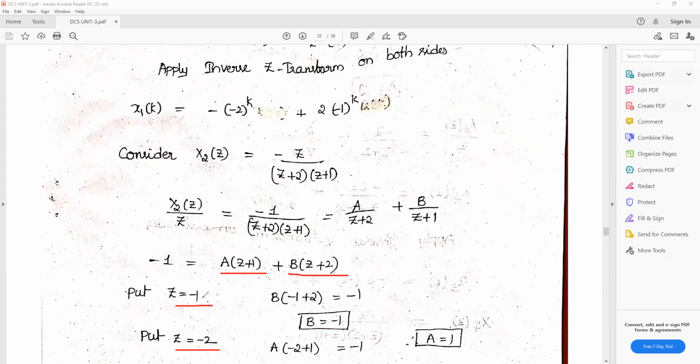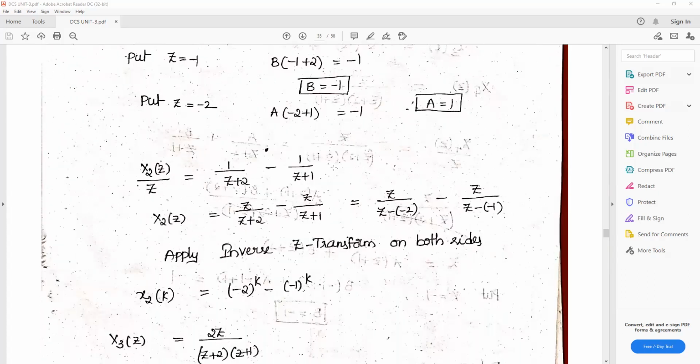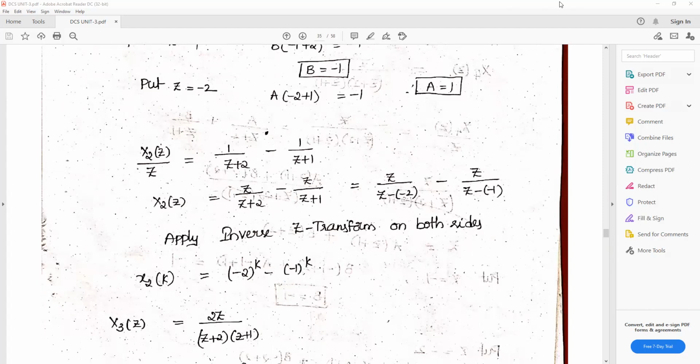So substitute z is equal to minus 1. What is the b value? B is minus 1. Put z is equal to minus 2. What is the value of a? A is 1. So a is equal to 1, b is equal to minus 1. So x2 of z is equal to z by z plus 2 minus z by z plus 1.